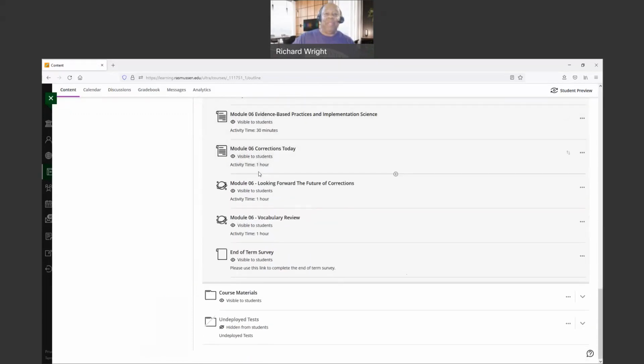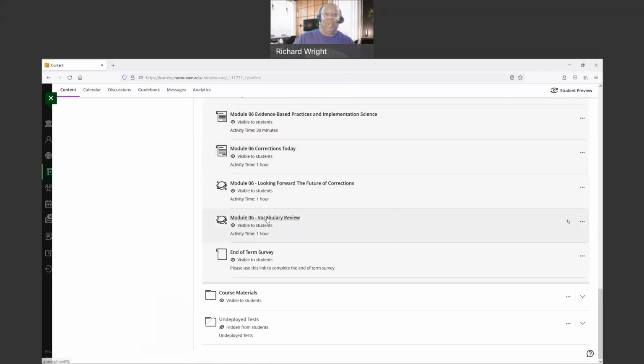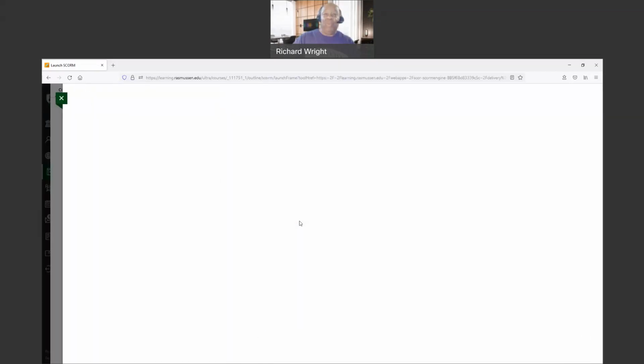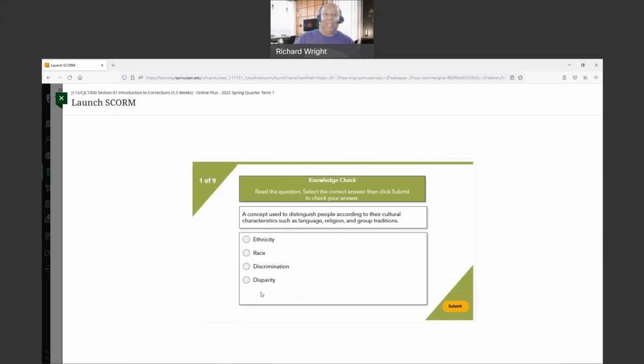And I'm not going to go over this other stuff, but I do recommend that before you take the quiz you do the vocabulary review, which I won't go over, but I just remind you that it is here. Okay. And again, you click it, but let's just look at this one. A concept used to distinguish people according to their cultural characteristics, such as language, religion, and group traditions.